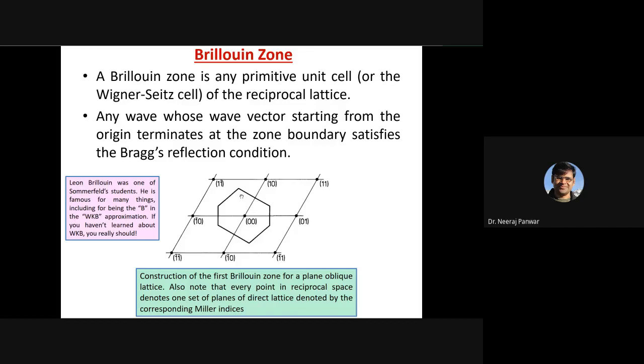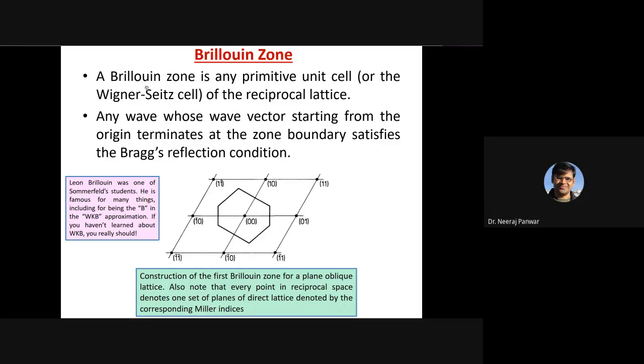So whether we say Fourier transformation or reciprocal lattice, these are the same. Today we will study what conditions should be fulfilled if we want to observe X-ray diffraction from a crystal. And we also studied the Brillouin zones.